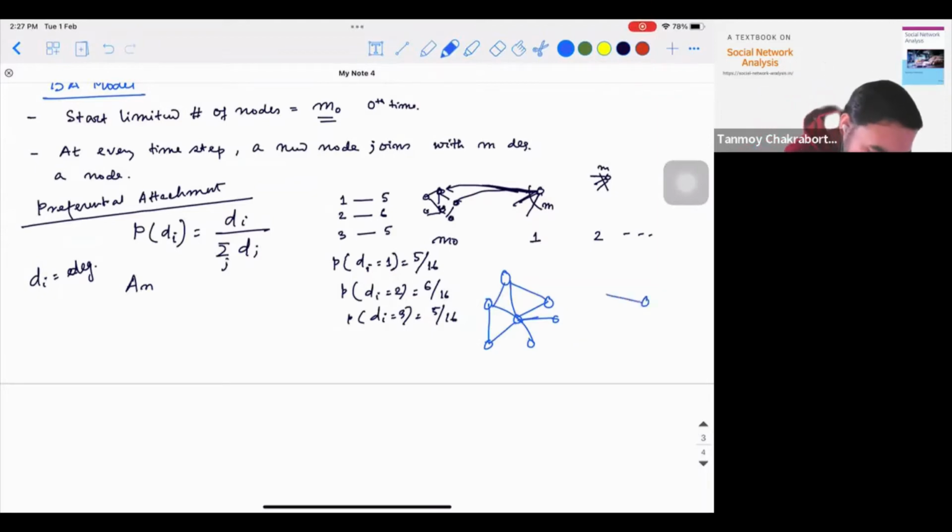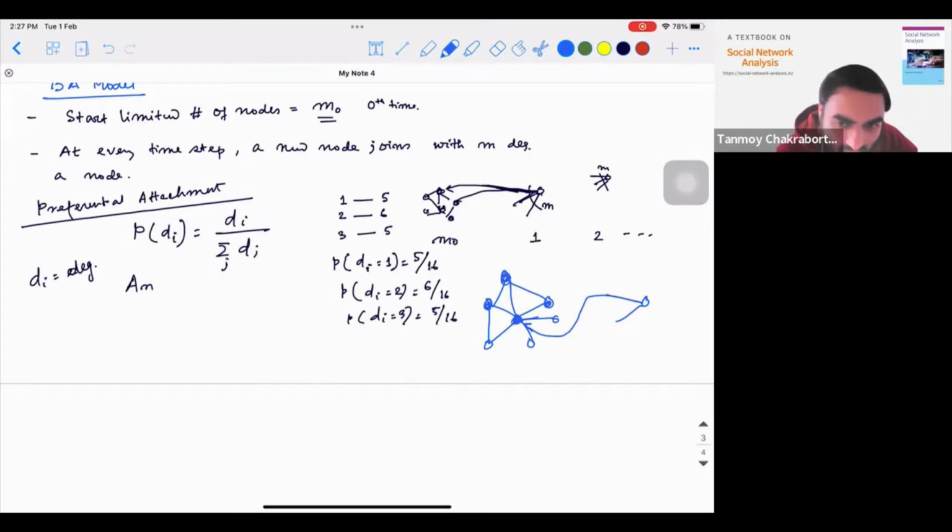A new node comes in. Okay, there are 2 edges. So this node has the highest degree, right? Followed by, say for example, this node. So it is highly likely that this edge will be connected to this node with some probability, and the probability is proportional to the degree.